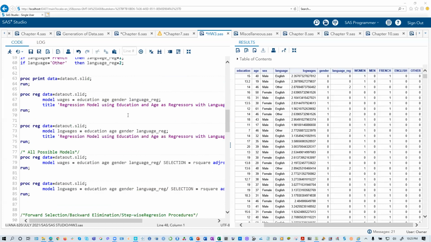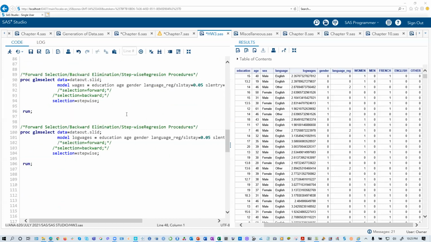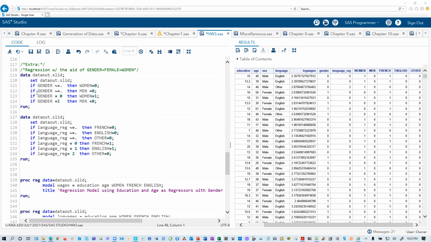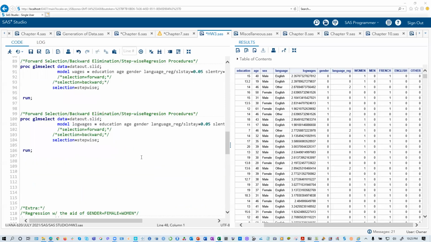So for all possible models, let's see why we really need gender. What we're gonna do is write the gender in terms of women and men. Can you remember that in order to write the equation in terms of the categorical variable, dummy variable, that's a different discussion.